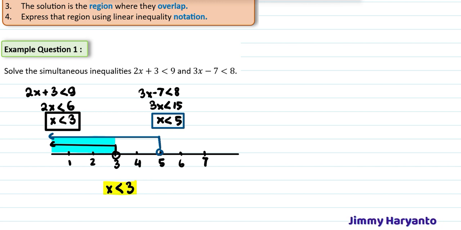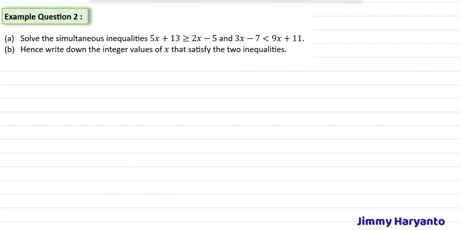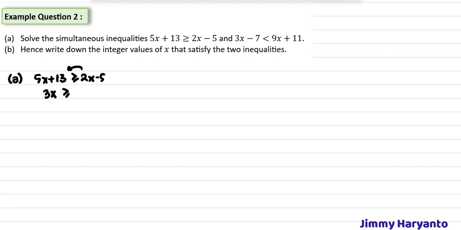And then the next one is example question 2, solve the simultaneous inequalities, this and that one. So first I will solve the 5x plus 13. 5x plus 13 greater than or equal to 2x minus 5. I will move the 2x to the left hand side, you will have 3x, and then I will move the 13 to the right hand side, it will become negative 13.